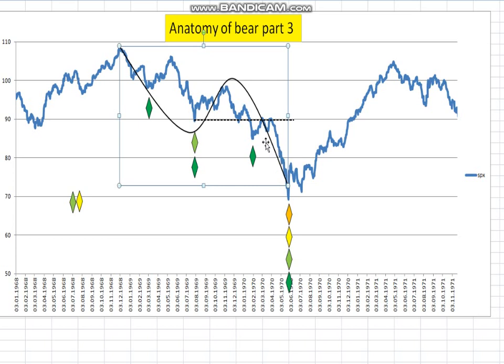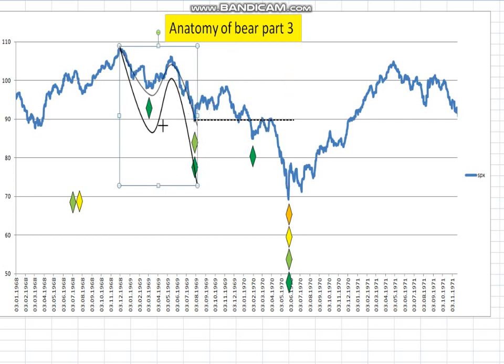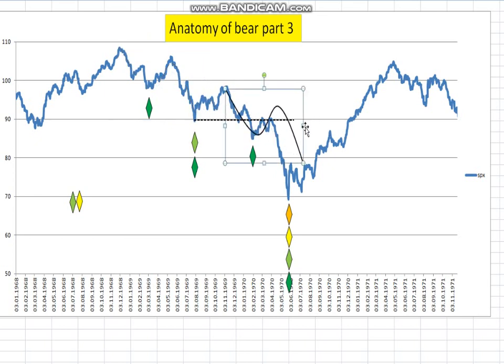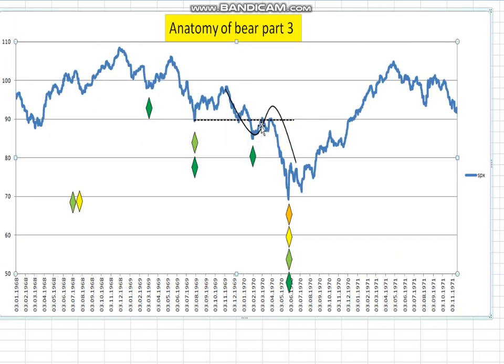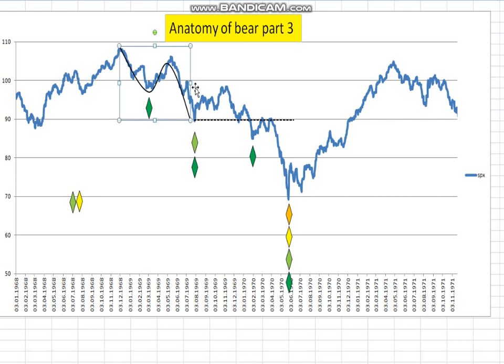So in this bear market you see it's a big ABC, and if we scale down we see this first move was an ABC, and this second move down was an ABC. And if we go into this first one, smaller, we have a smaller ABC, and there an ABC, and here an ABC.